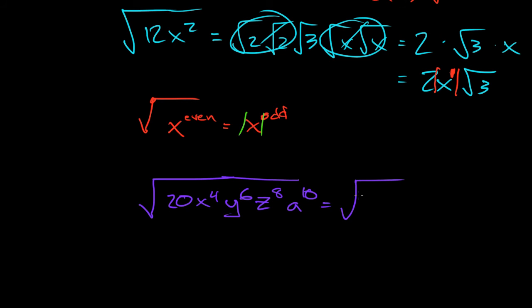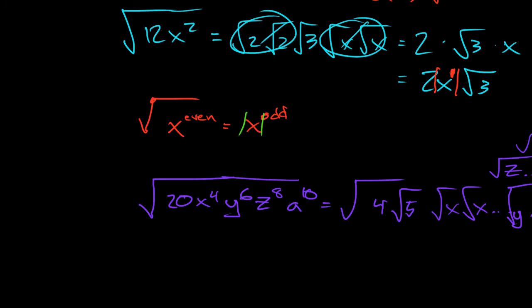I can see some patterns in the square roots that will help. 20 can be simplified as 4 times 5. And x to the fourth is going to be 4 x's, there'll be 6 y's, 8 z's and 10 a's.